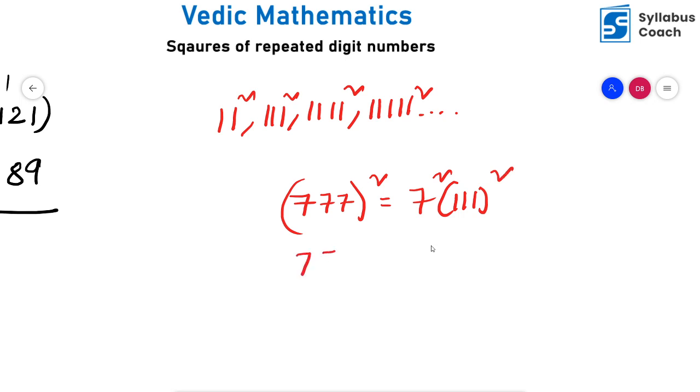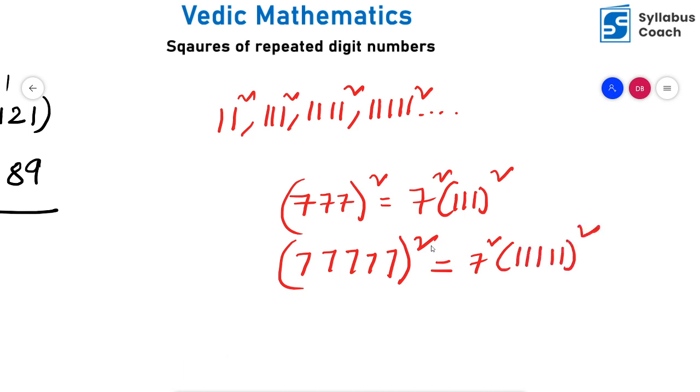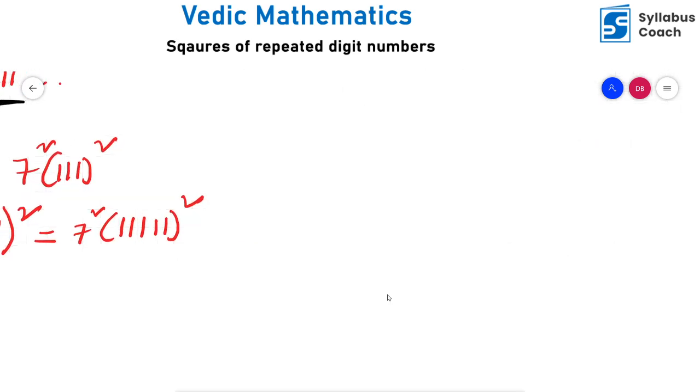And now if somebody asks you 77777, there are 5 sevens, and they ask you to find out the square of this, at that point of time, it would simply be 7 square into 12345 whole square, isn't it? So therefore there is a need to have a shortcut for these kind of numbers. So let's solve it and let's try to understand the pattern.